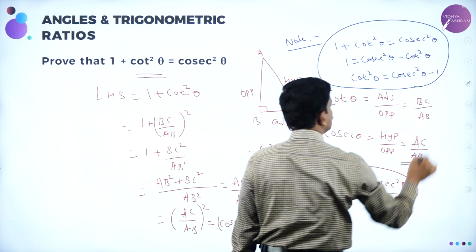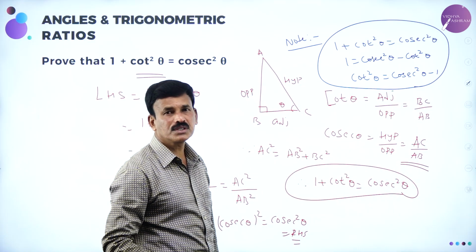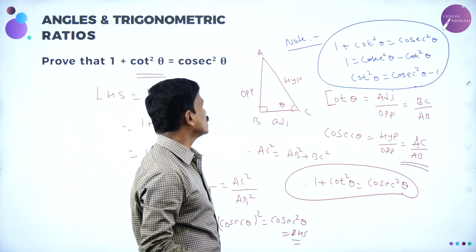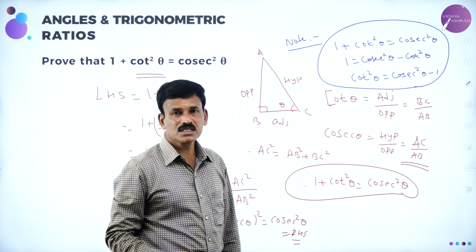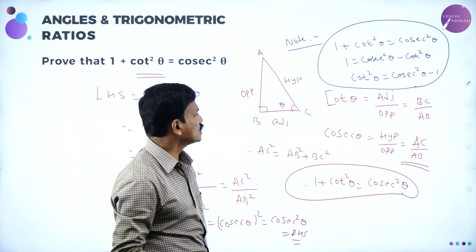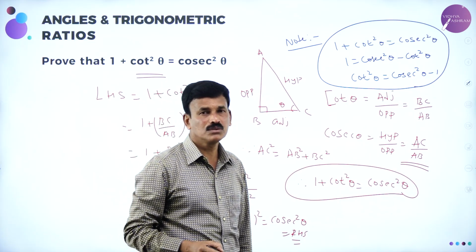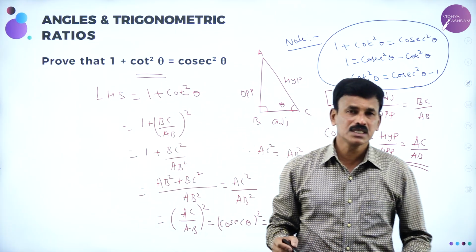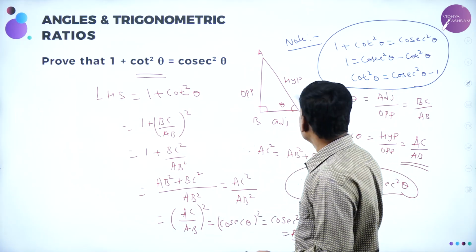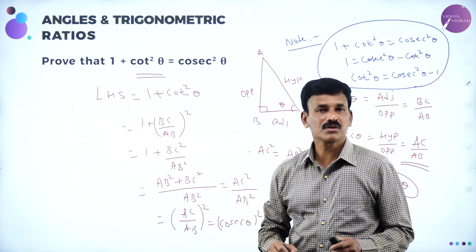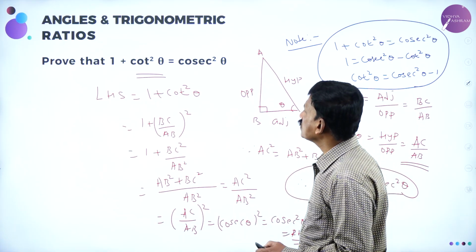So again these 3 relations are very important: 1 plus cot square is cosecant square, 1 is equal to cosecant square theta minus cot square, and cot square theta is equal to cosecant square theta minus 1. Hope you follow. These three identities are very, very important for solving problems. Now move on to the next one.